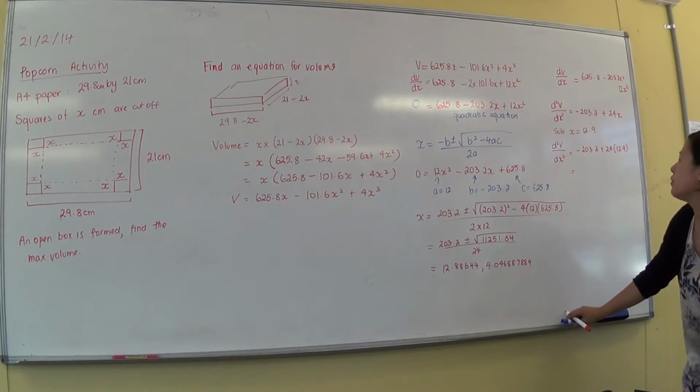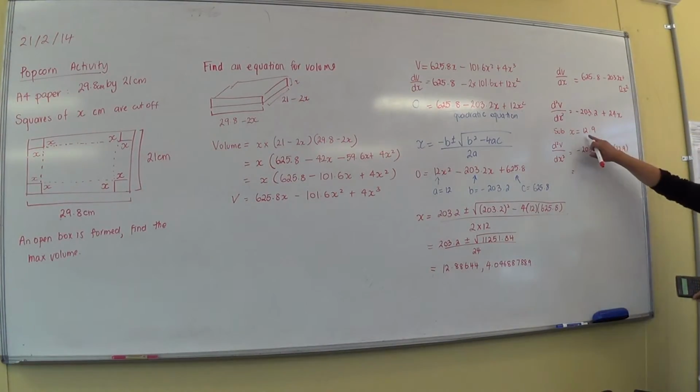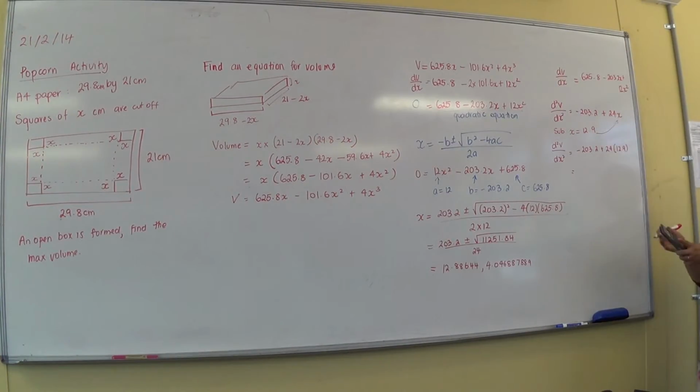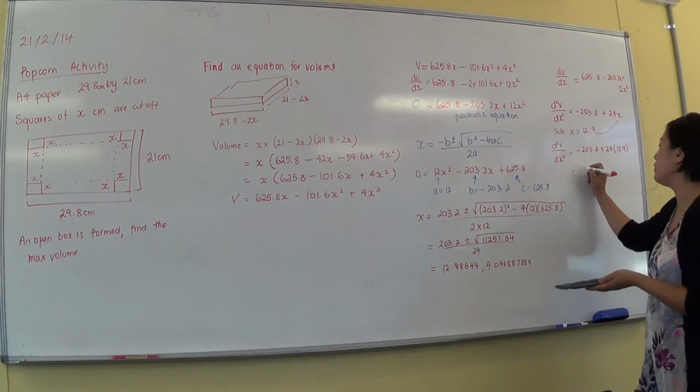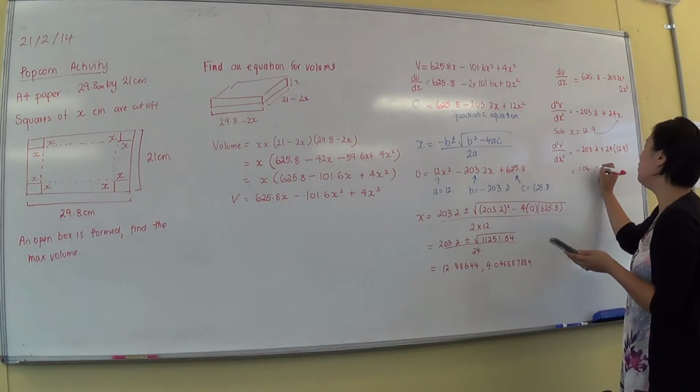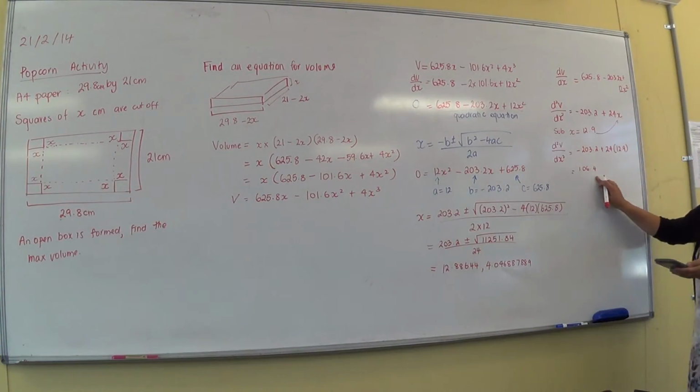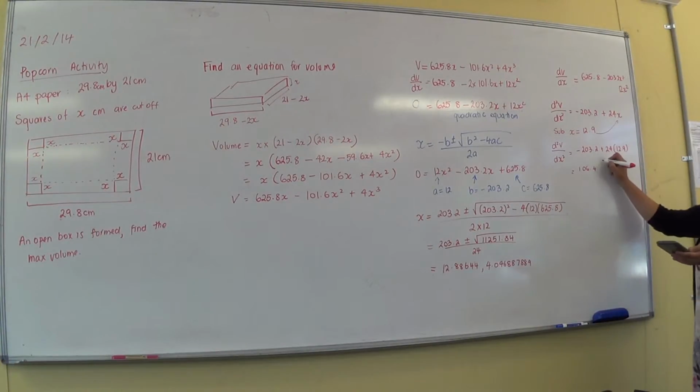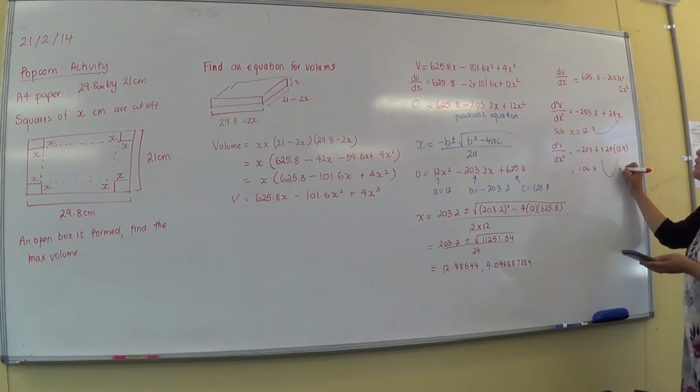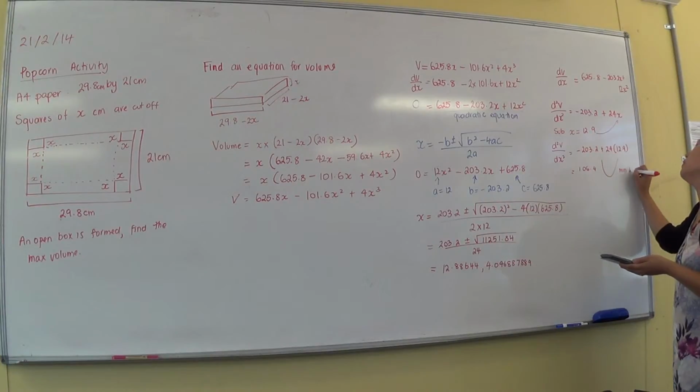Positive? Or just check what the value is. So I'm substituting x equals 12.9 into this equation, and we can see it's a positive 106.4. So a positive value is concave up, and concave up has a minimum turning point.